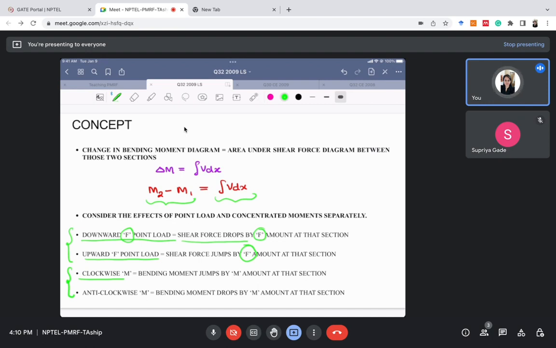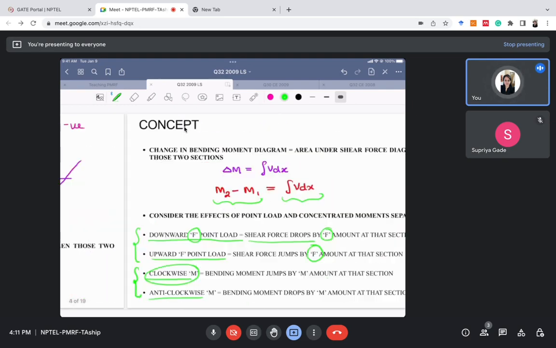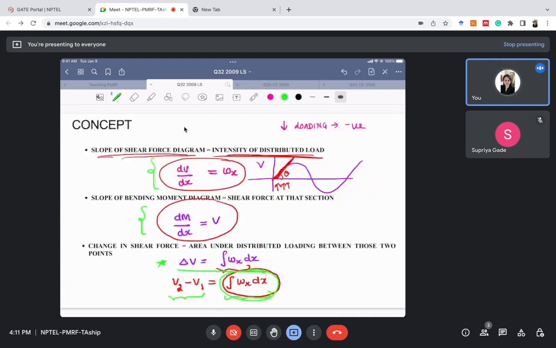A clockwise moment causes the bending moment diagram to jump by M amount, and an anti-clockwise moment drops the bending moment diagram by M amount at that particular section. So in total there are 8 points: 4 formulas and 4 points.